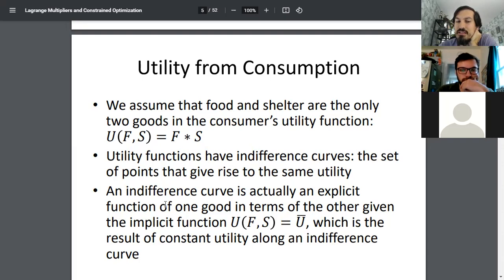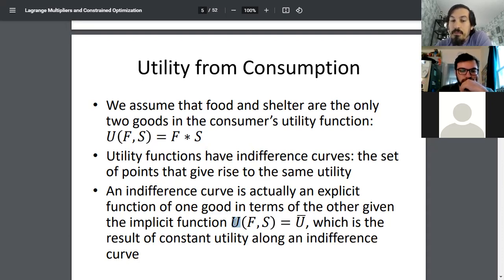And it's actually an explicit function of one good in terms of the other, given the implicit function. We've talked about implicit functions in here. I wanted to do this as another way to connect with the implicit function theorem that we've talked about. And that's to say, u of f of s equals u bar is an example of an implicit function. Let me say a little bit more about it right now.